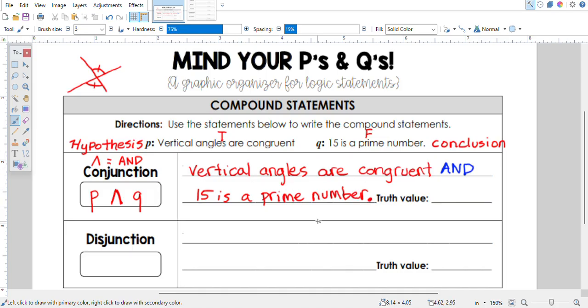And that's the end of my conjunction. I've made the statement, vertical angles are congruent and 15 is a prime number.